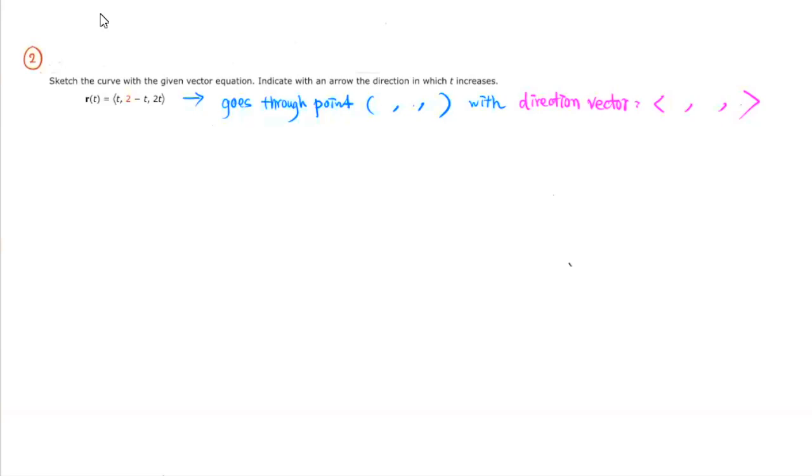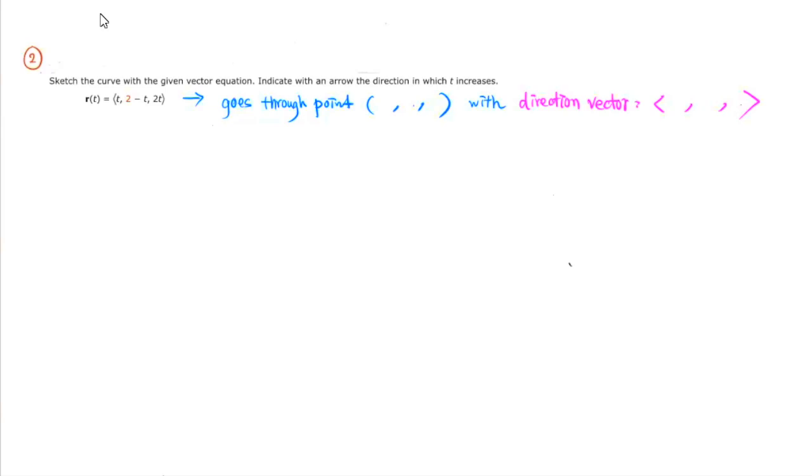So this one over here is a line that goes through which point with which direction vector? How do you write the line over here? Do you remember the one here? r is equal to what? r naught plus what? t times v. Yes, you got it. So r equals r naught plus tv.